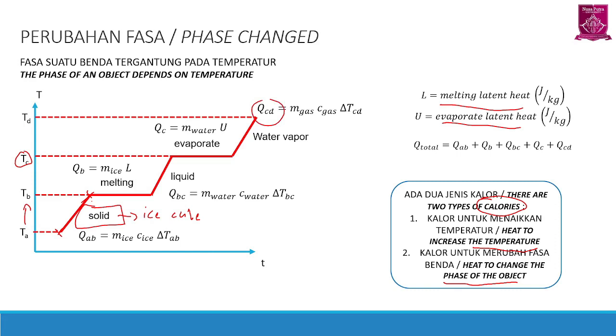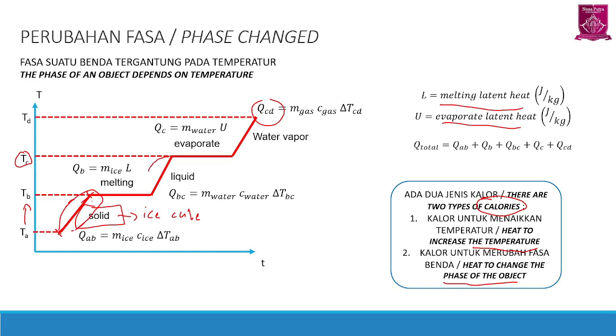Now we need to understand that for each phase, it has a different specific heat. Like in this area, the object is in the solid state, so the specific heat we use is that of ice.